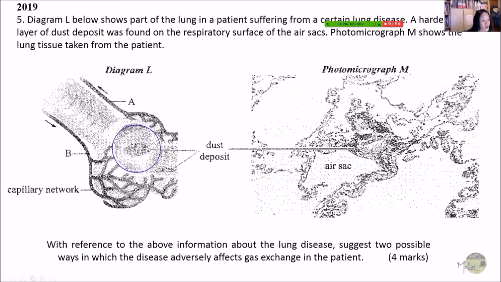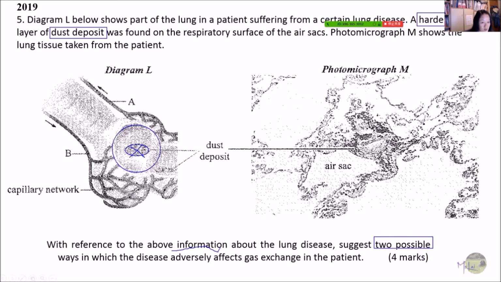This is the normal surface area, but if it is covered by dust, this area cannot carry out gas exchange. With reference to the above information about certain lung disease, which has a hardened layer of dust deposit. So the information is hardened and also layer of dust deposit.